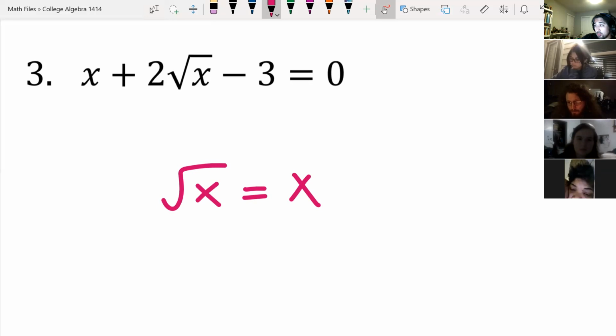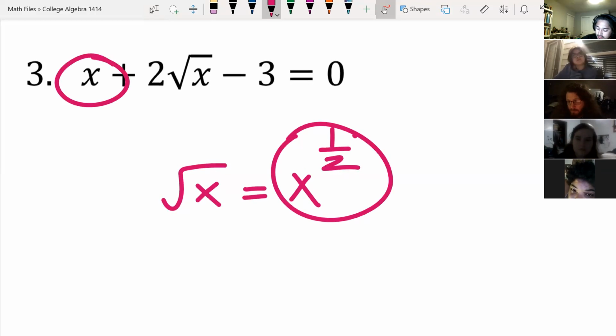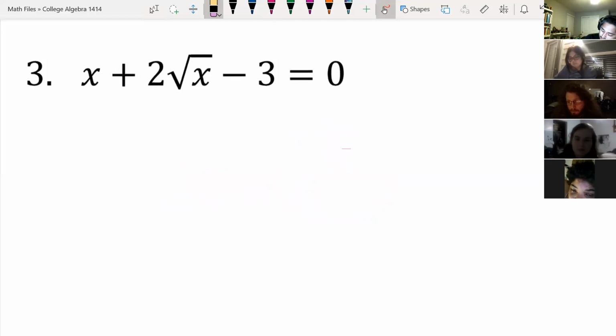If you went from radical to exponent, what would the exponent be on x? 1/2. There you go. That's why this is smaller than that. So let u equal the square root of x.